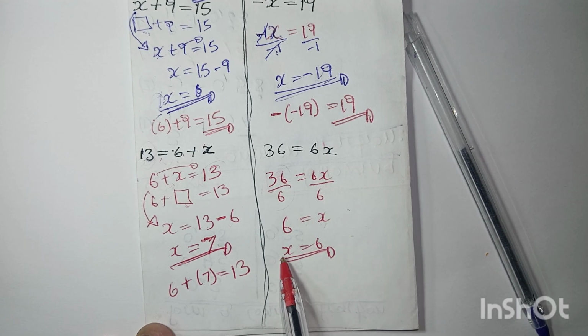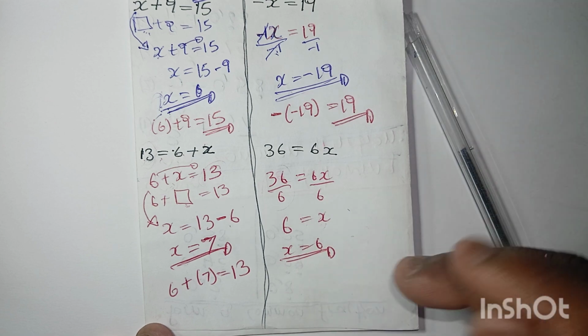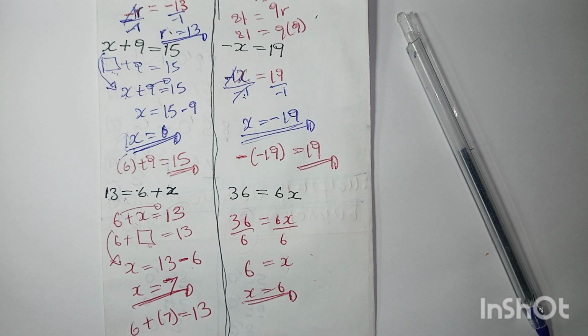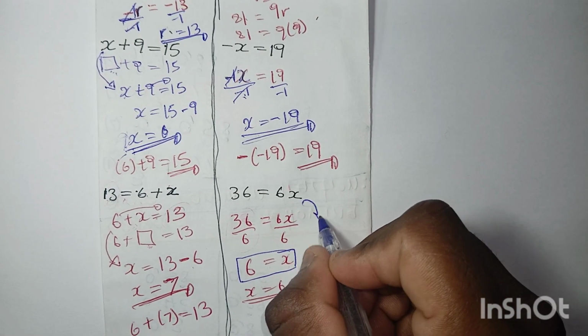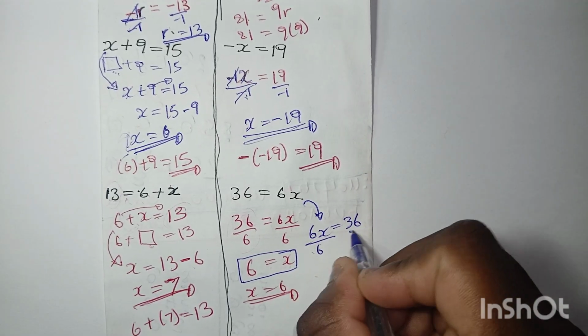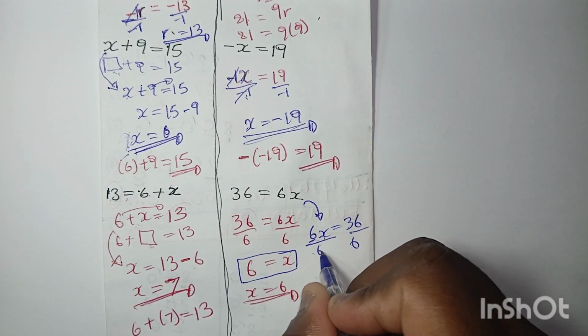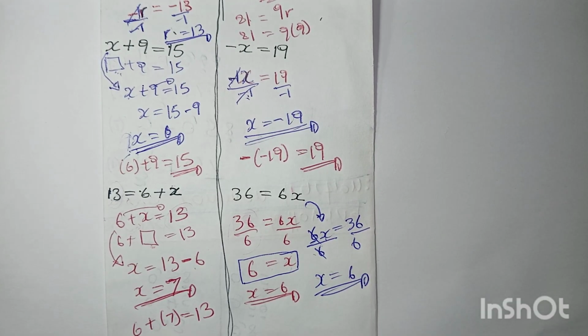Do you understand? That's why in the previous questions, I was used to rearranging the equation because I was avoiding this kind of answer. It's better when I rearrange this thing like this so that I can divide by what is in front of what I need. So that this thing will give me what? 6. Do you see, guys?